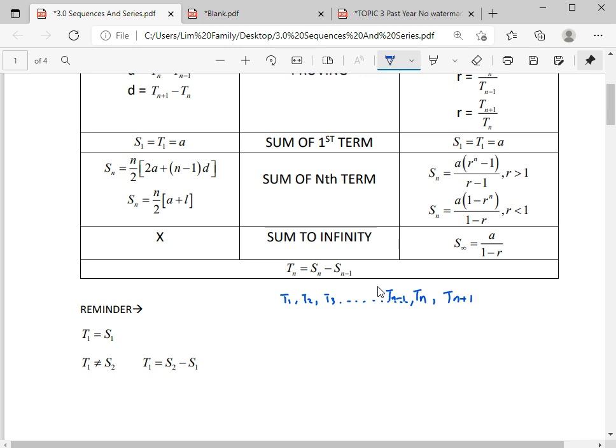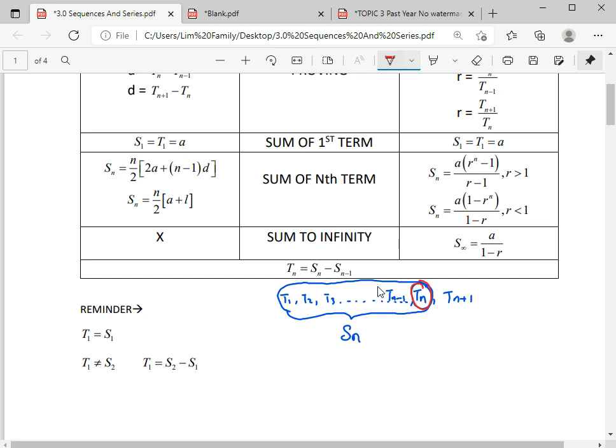So when we say sum, it means the total up to n. If I total up to n, I have this group of values. This is my Sn. But I want Tn only, this n term only. How can I get this n term?